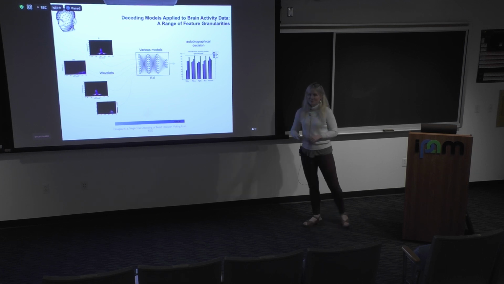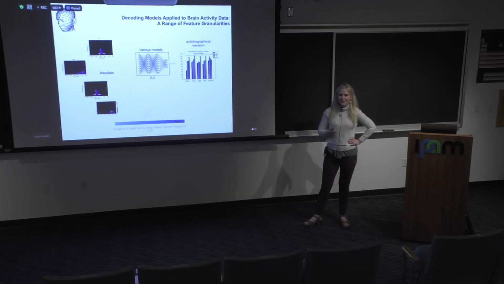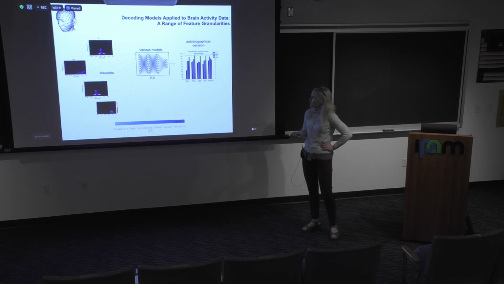Wavelets also came up in some of our lunch discussions. Could wavelets be used? So yes, of course. We've used wavelets quite a lot with EEG data, and that's pretty standard for doing single trial decoding from EEG data at this point.